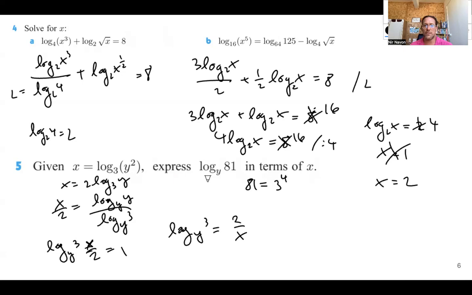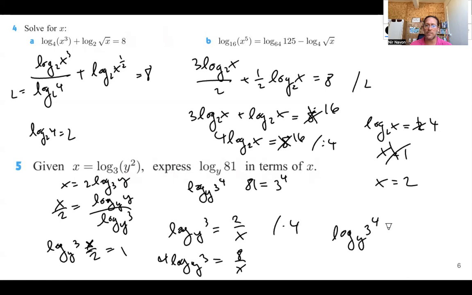Now I want that to be log in base y of 3 to the power of 4. So I'll multiply both sides by 4. I get 4 log in base y of 3 equals 8 over x. And here I get log in base y of 3 to the power of 4 is 8 over x. So log in base y of 81 is 8 over x.